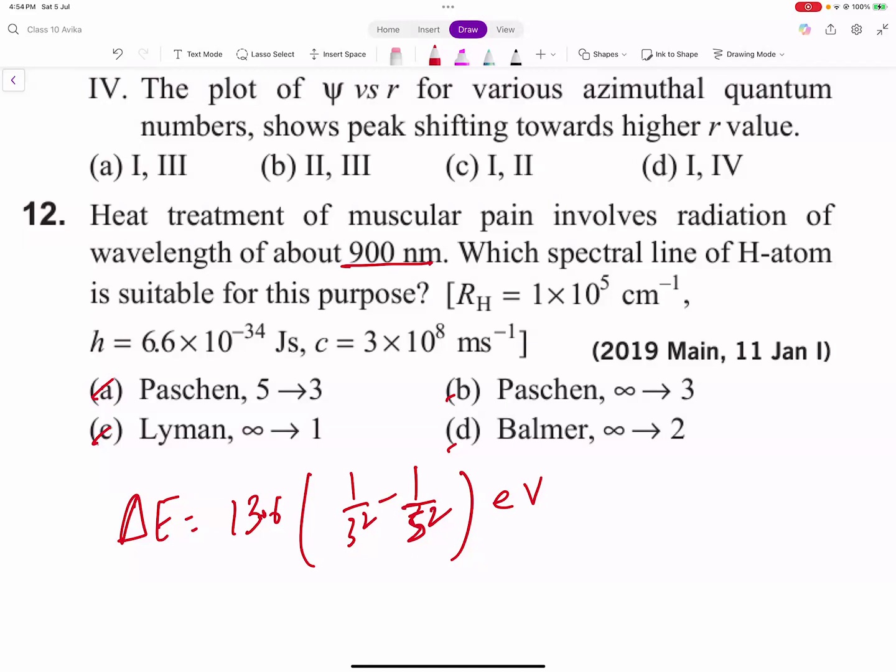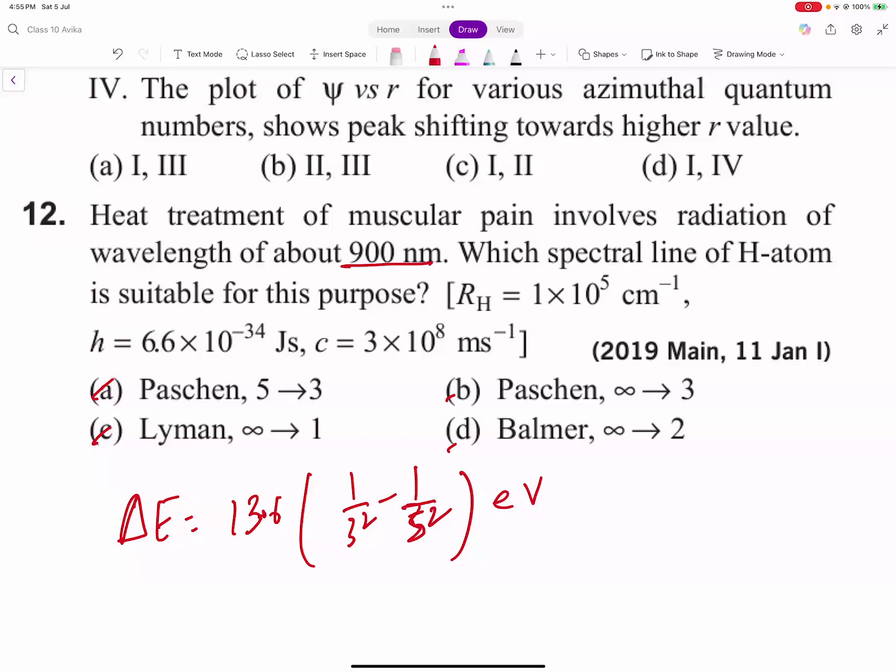I got 0.967. Okay, let me check. For the first one, the gap is 1.38 electron volt, right?